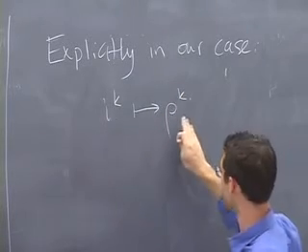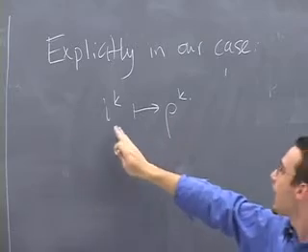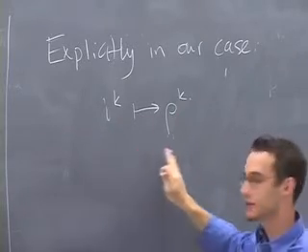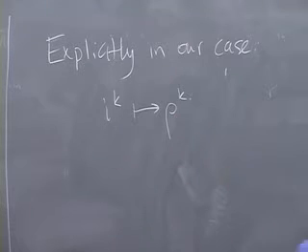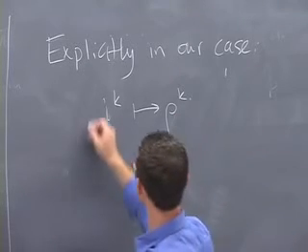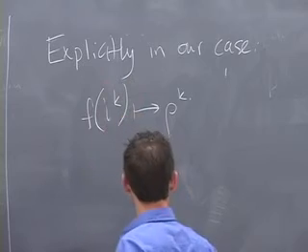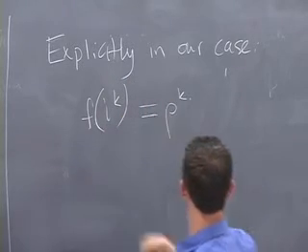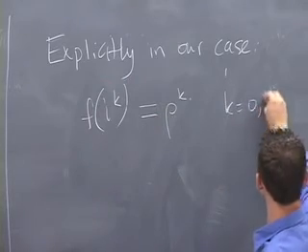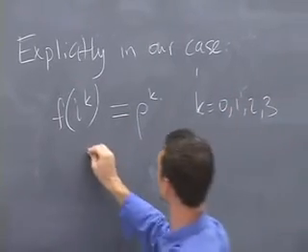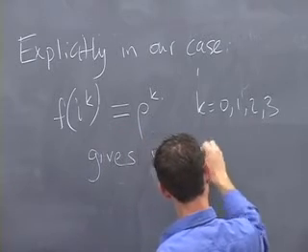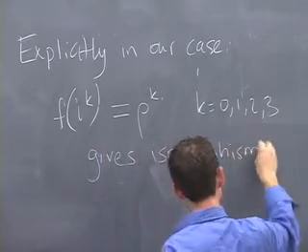So 1 gets sent to the identity, i gets sent to rho, i squared gets sent to rho squared, i cubed gets sent to rho cubed. So f of i to the k equals rho to the k. That gives us an isomorphism.